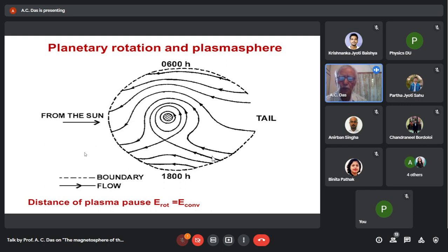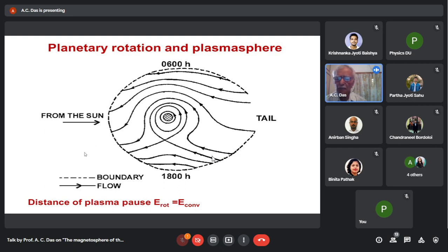And therefore there are two things: the closed ones and open ones. And there will be a sudden density difference on the boundary. This boundary is called the plasmapause. There is a sudden density change inside. The density inside is associated with the plasma originated from the atmosphere of the planet.